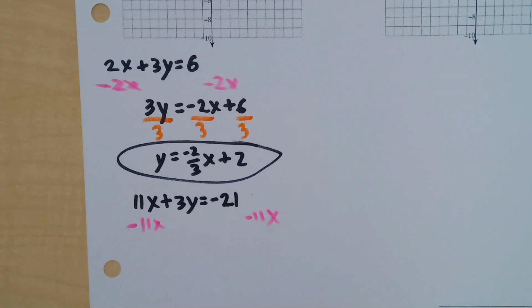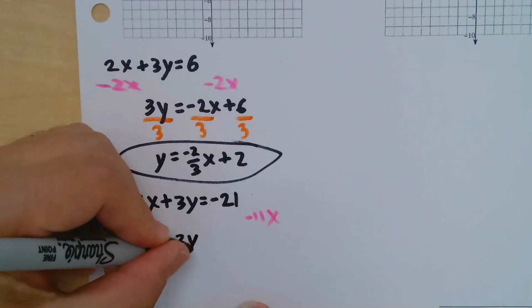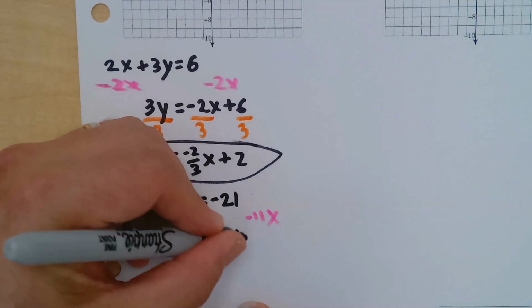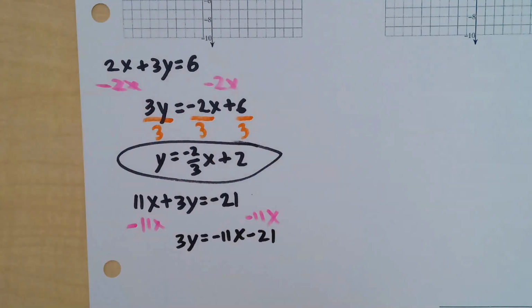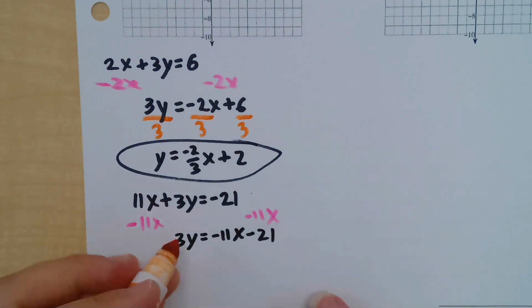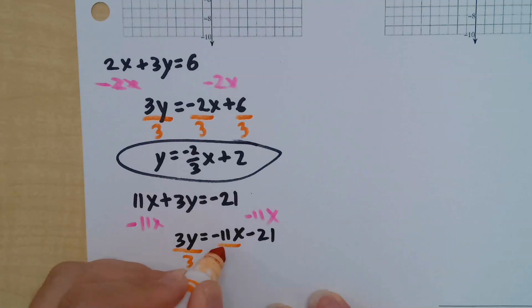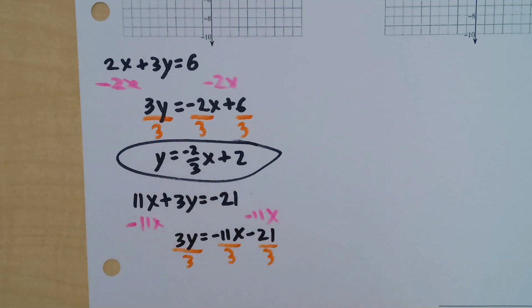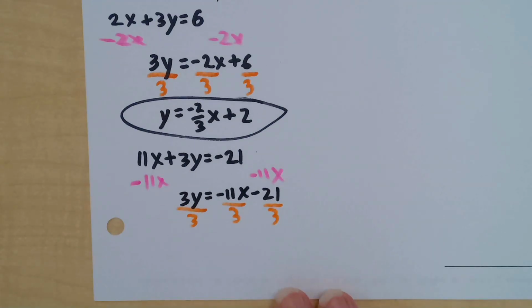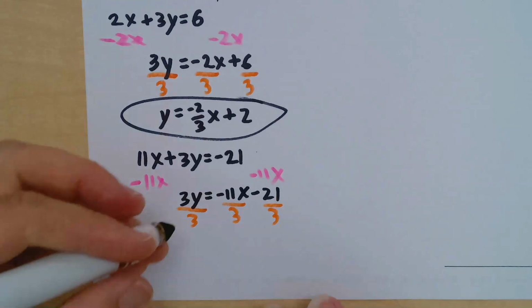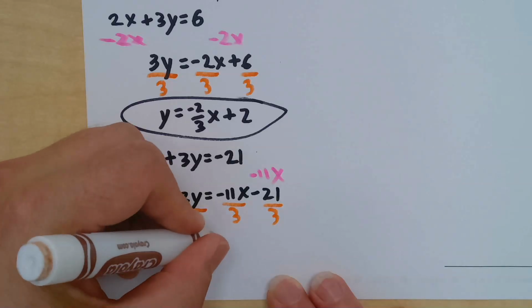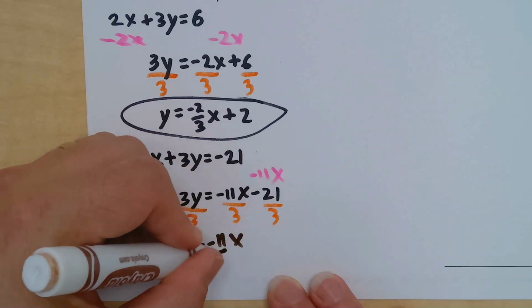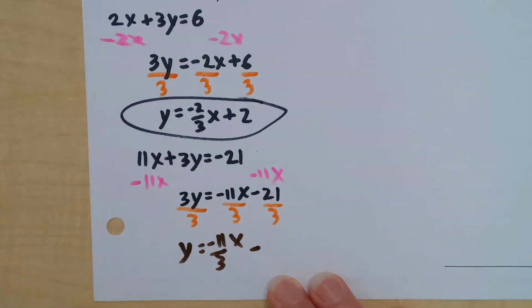Okay, now I'm going to have 3y equals negative 11x minus 21. And just like what we did up here, I'm going to divide by the number in front of the y, which is 3. Okay, and then my equation now becomes y equals negative 11x over 3 minus 7.